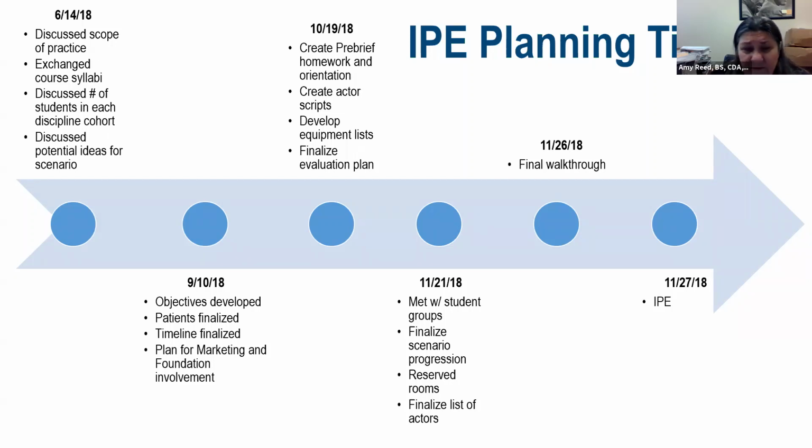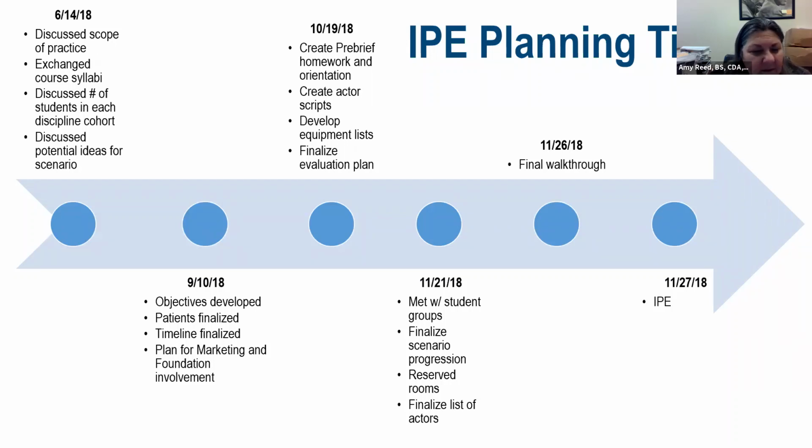As well as EMS students, to start looking at what my students had been studying, and create scripts for the actors so that the actors could have some idea about what they were getting themselves into. The equipment lists were endless, I mean, down to the finest little detail of a vial of epinephrine.